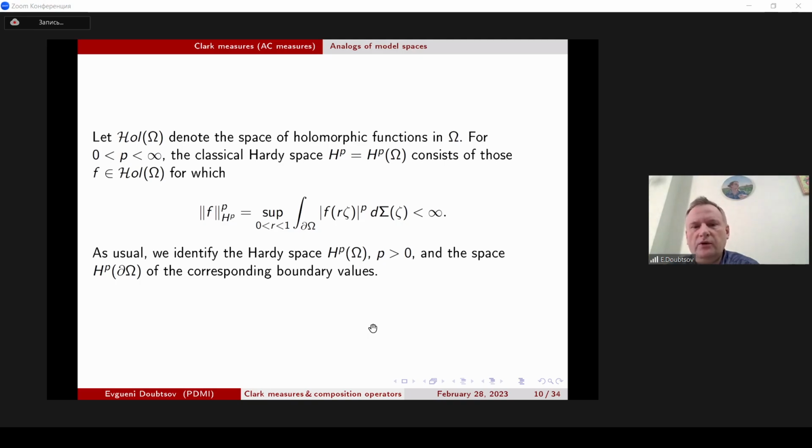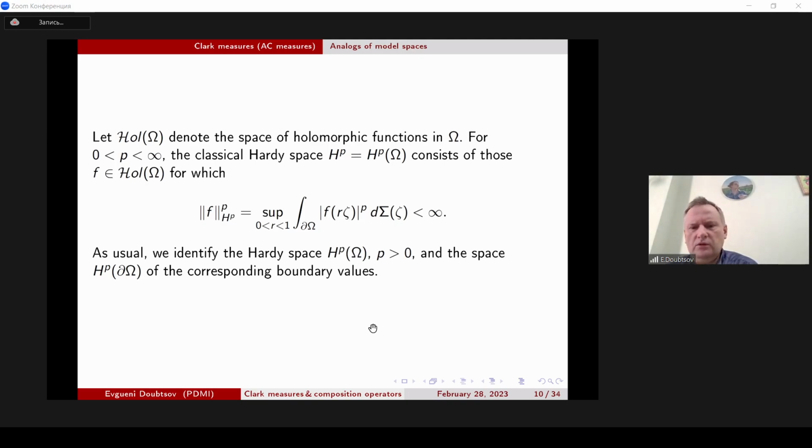integral means of f of r zeta to the power p with respect to Lebesgue measure, integral over the boundary. We take the supremum over r from 0 to 1, and this supremum should be less than infinity. So this is actually the norm to the power p, or quasi-norm if p is less than 1.